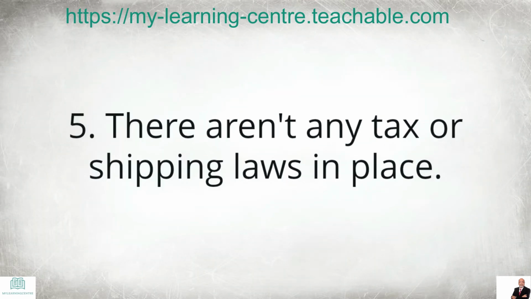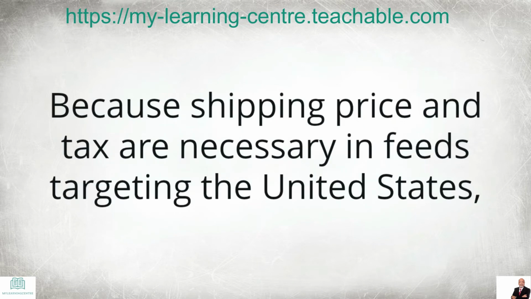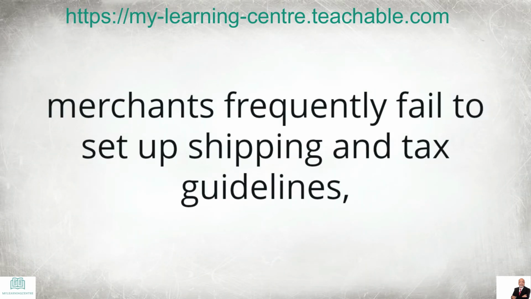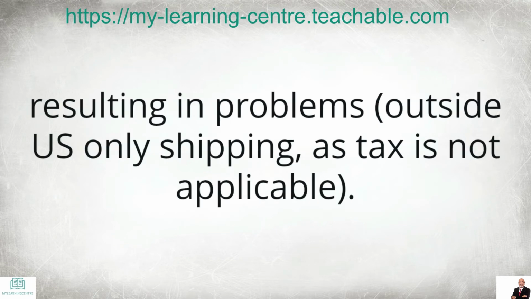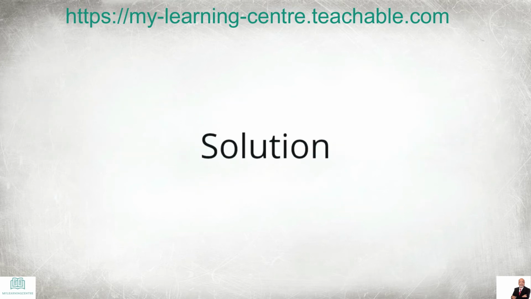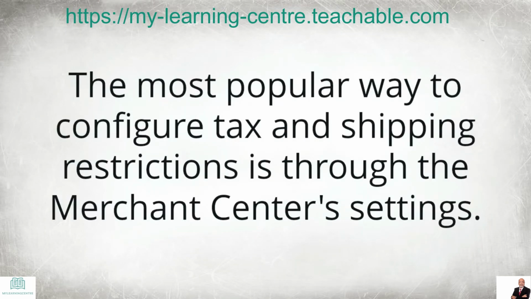5. There aren't any tax or shipping rules in place. Because shipping price and tax are necessary in feeds targeting the United States, merchants frequently fail to set up shipping and tax guidelines, resulting in problems outside US-only shipping, as tax is not applicable. Solution. The most popular way to configure tax and shipping restrictions is through the Merchant Center settings.